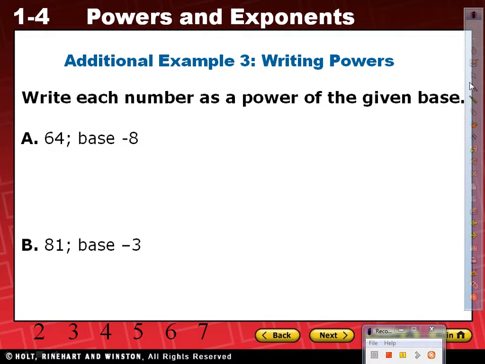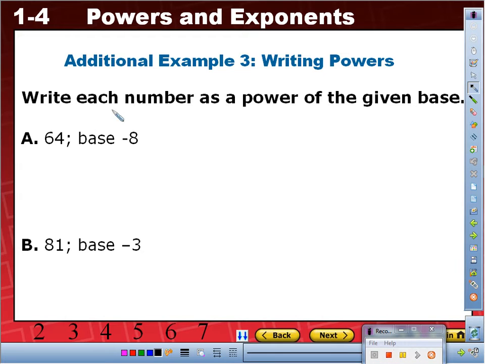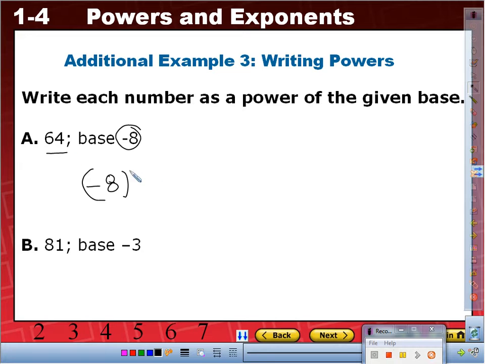Check this out. This says, write each number as a power of a given base. What base do they give us? -8. So they want us to write a power that gives us how much? So think about it. Don't say it out loud. What goes there? Think about it. All right? I see a lot of you saying, who said 2?